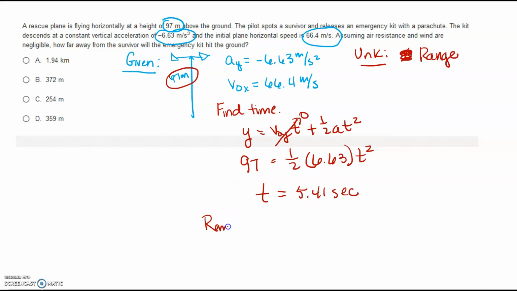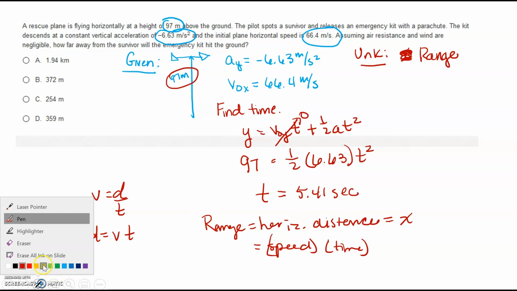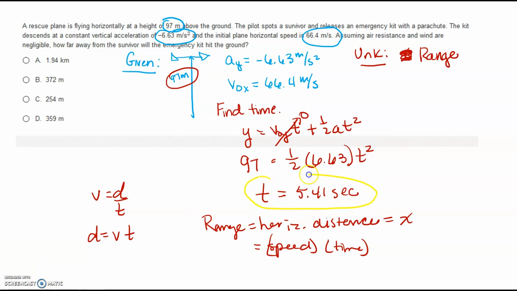So my range is equal to my horizontal distance, or x for that matter, and that is equal to speed times time. So again, we have velocity is equal to distance over time. I'm looking for distance, so it's velocity times time. I have my time here.